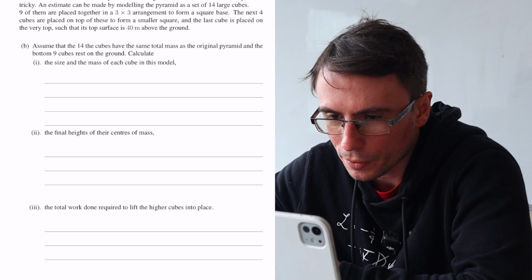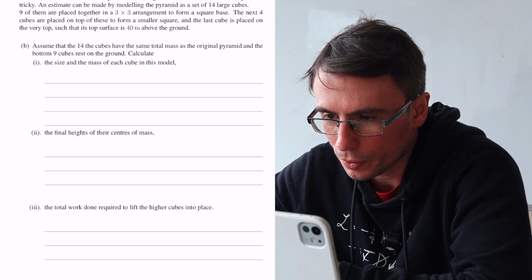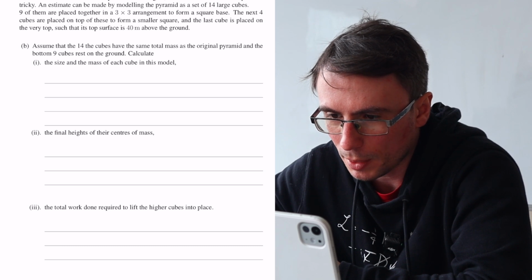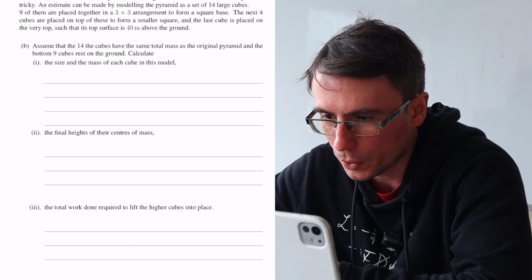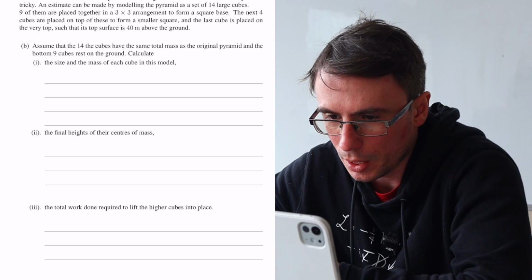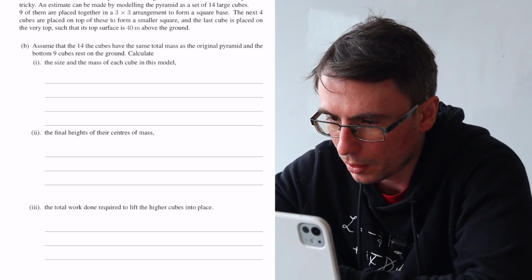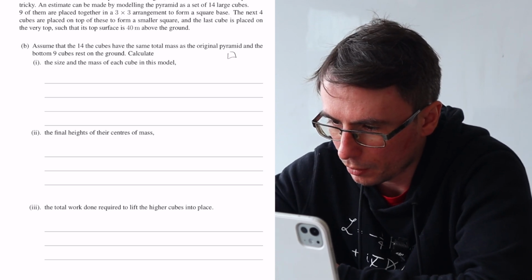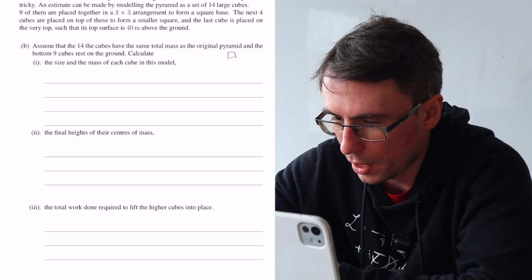Next one: the blocks all need to be lifted to different heights, so to calculate the work required is tricky. An estimate can be made by modeling the pyramid as a set of 14 large cubes. 9 of them are placed together in a 3 by 3 arrangement. Okay, so you have basically something like this.